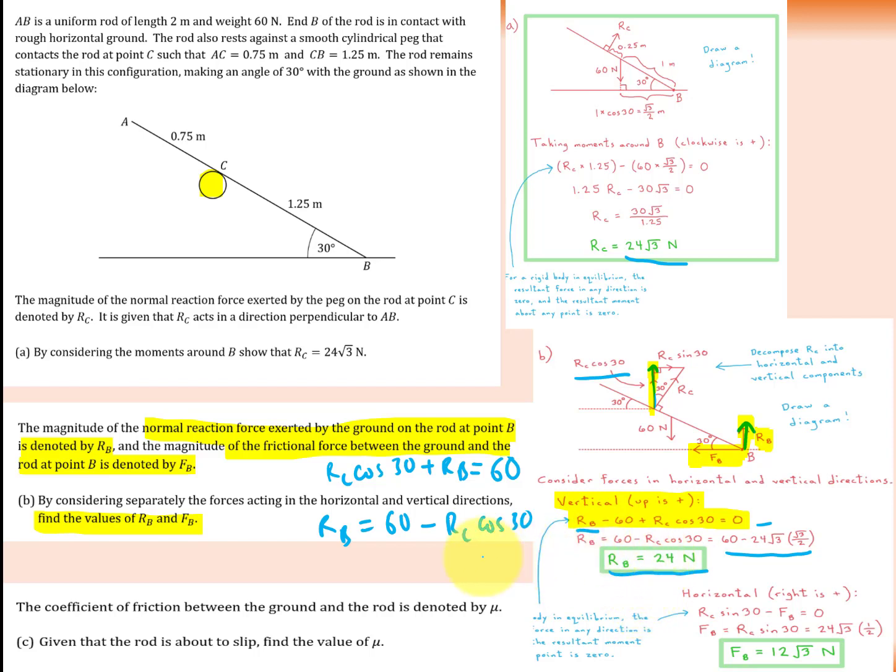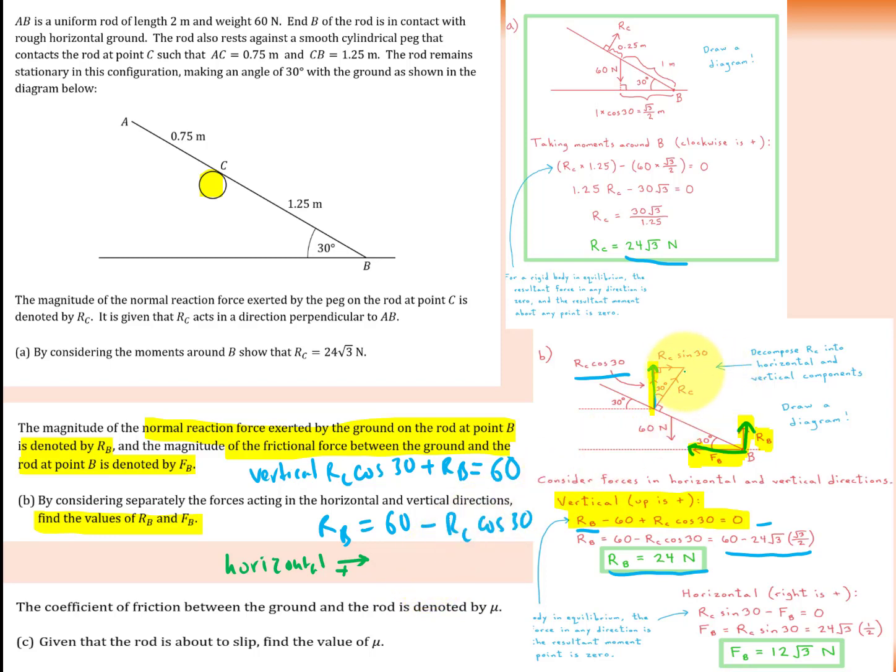Then we resolve horizontally, so this is vertical, change pen for horizontal, and this is probably how I would do it, horizontal. Let's see what we've got horizontally. We've got FB. And if we're choosing right as positive, then FB's got to be negative direction.